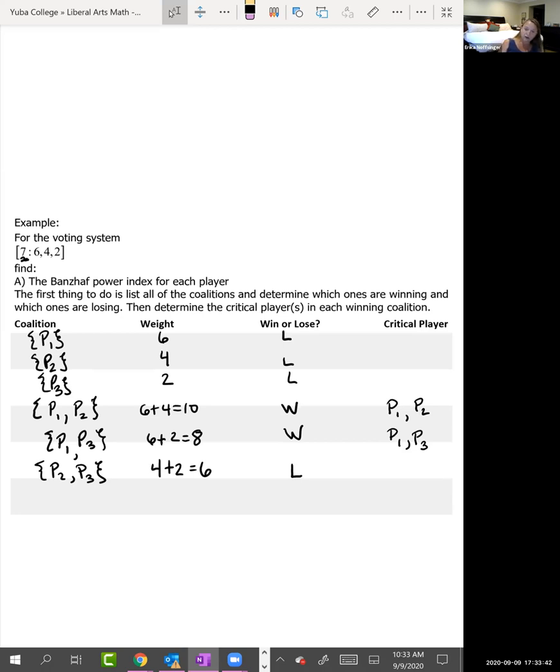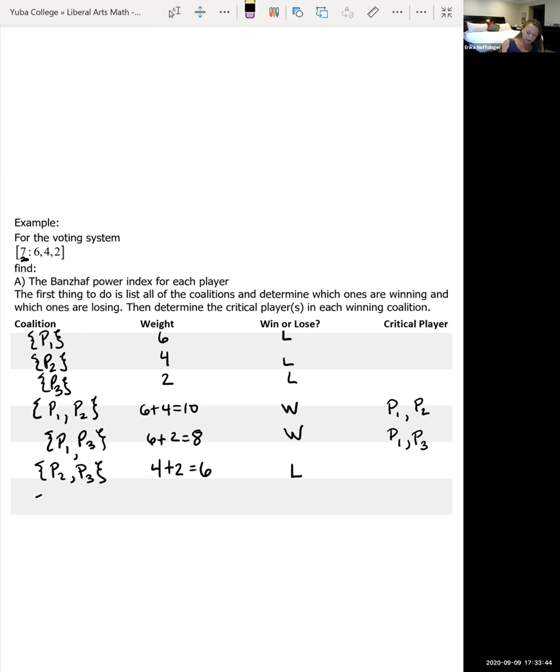Then you go to the three-player coalition: player 1, player 2, and player 3. If all three voted for it, it doesn't matter what order they came in. Player 1 had 6 votes, plus player 2 is 4, plus 2, which is 12, and this is a winning coalition.